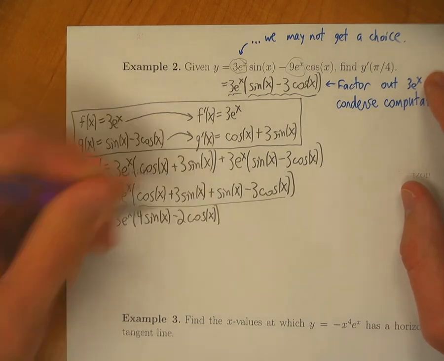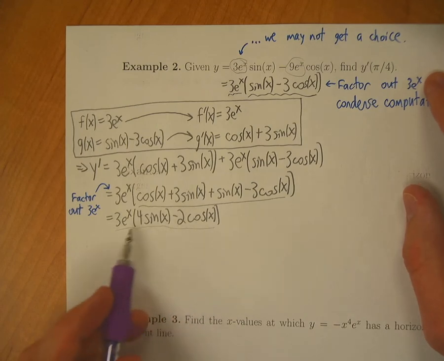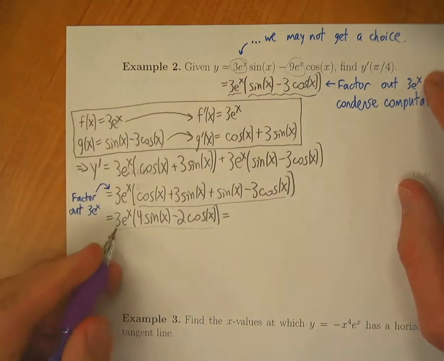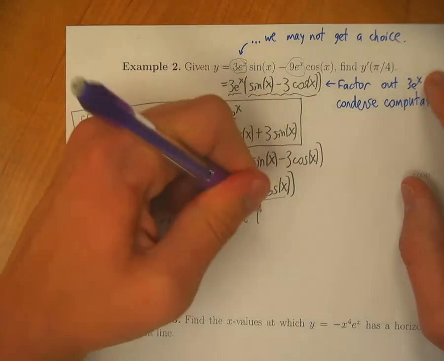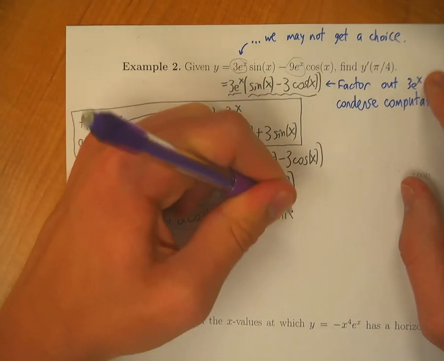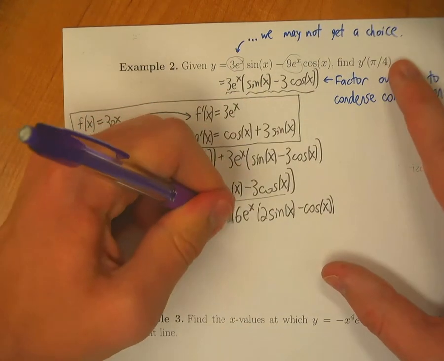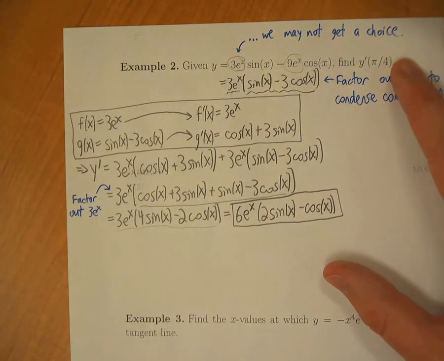Okay. Again, this is a lot more simplified, but because both terms in here have a common factor of 2, let's factor that out as well. So we're ultimately left with 6 times e to the x times 2 times sine of x minus cosine of x. So this will ultimately correspond to our derivative here.